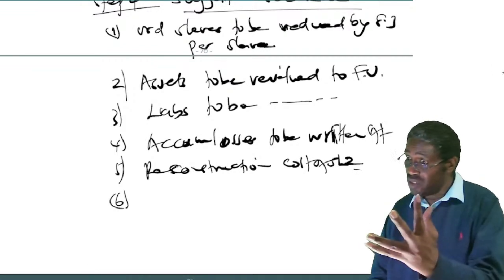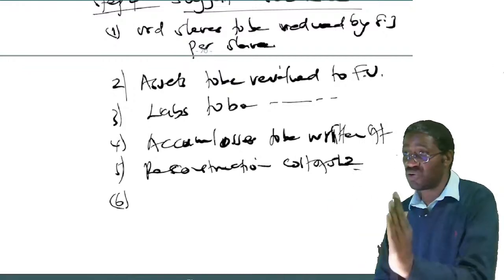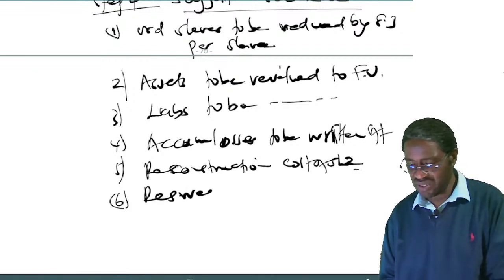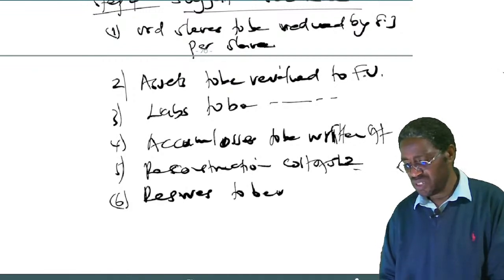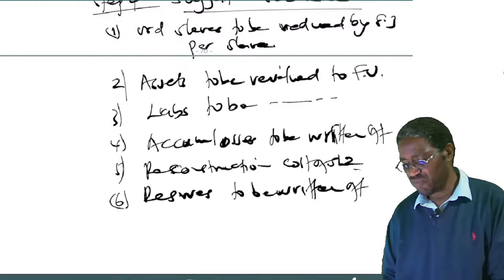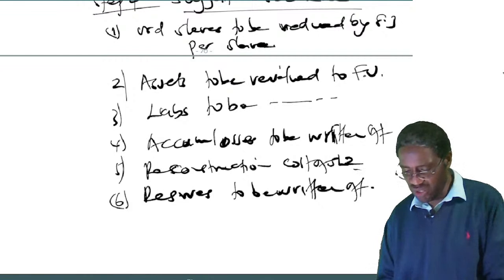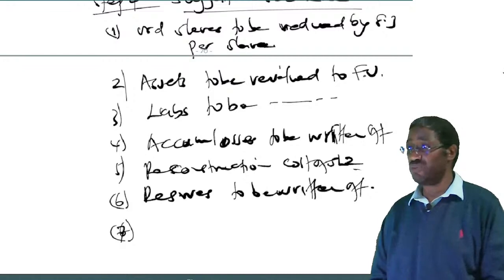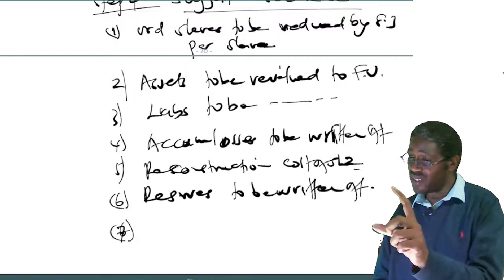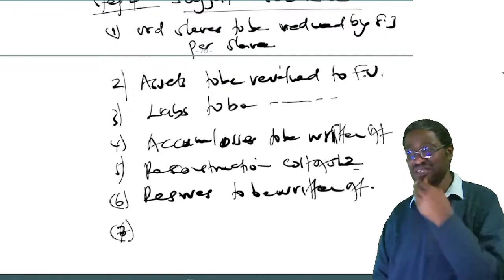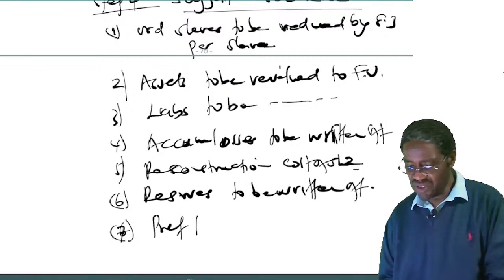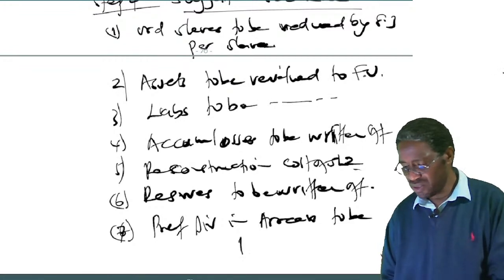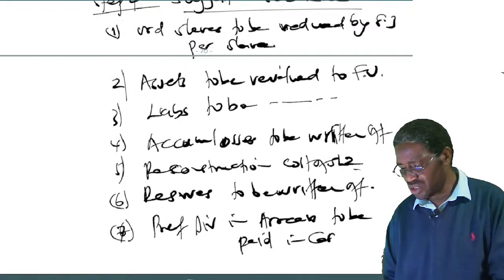Number 6. You remember we saw that there could be share premium, general reserve, and so on, which gave us a gain. You can come and say your reserves to be written off. Another thing we used in step 1 was that contingent liability, which we gave an example of preference dividends in arrears. So you could come and say here, preference dividends in arrears to be paid in cash.